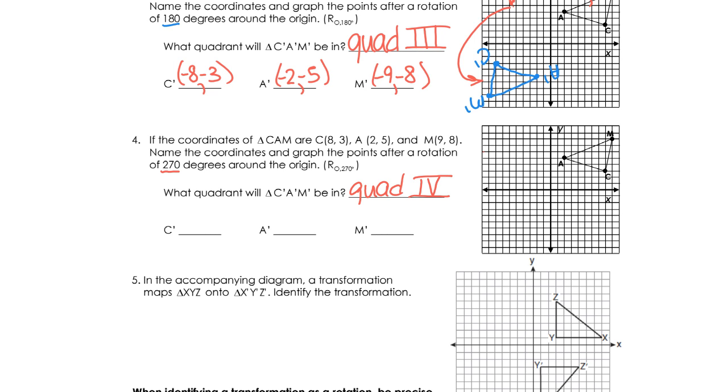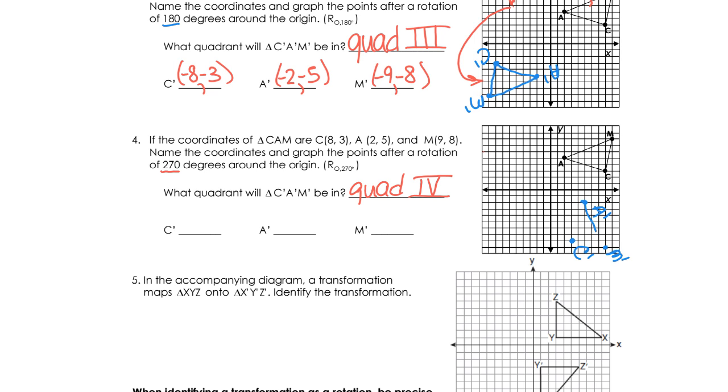Okay, we're going to go ahead and graph positive 8, positive 3, put a dot, call it C prime, graph positive 2, positive 5, put a dot, call it A prime, and last one, find positive 9, positive 8, put a dot, call it M prime.